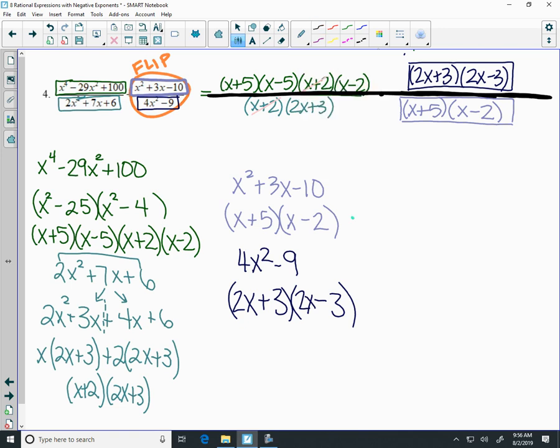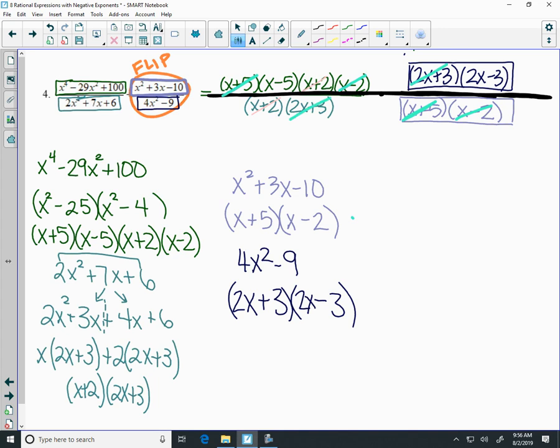So let's see what we can cancel. I have x plus 5 on top and an x plus 5 on the bottom. I have an x minus 2 in green and in purple. And I have a 2x plus 3 in my navy blue up here and on the bottom.